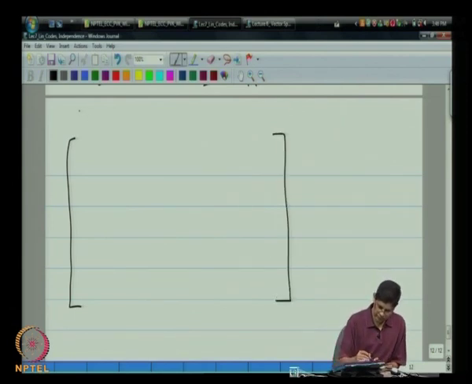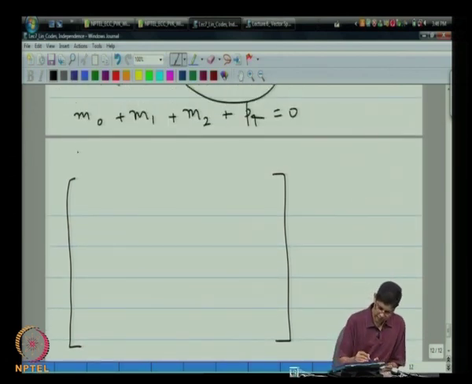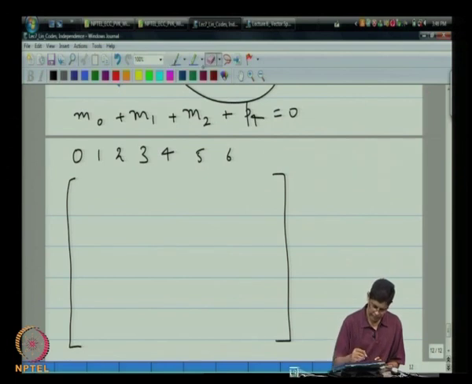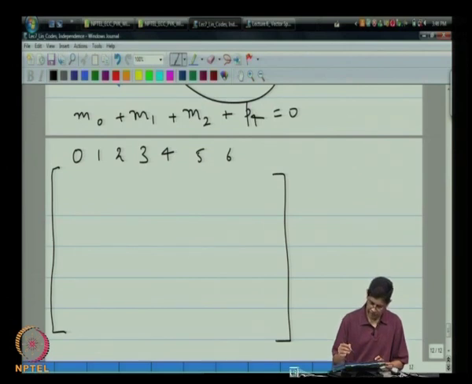So, let me just write down in symbols as placeholders for the coordinates. These are the 6 coordinates, and we have in all 3 parity check equations.